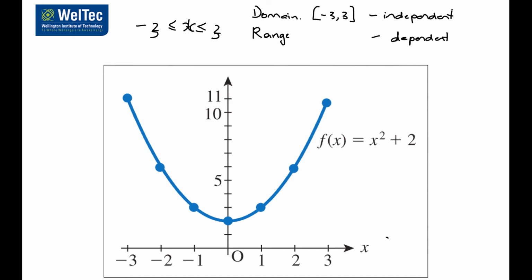And in this case, the range goes from 2 right up to 11, and it can include both of those. A common thing is for people to say that the range is 9. No, it's not. The range in this sense is between 2 and 11.